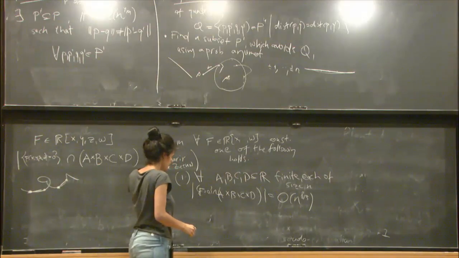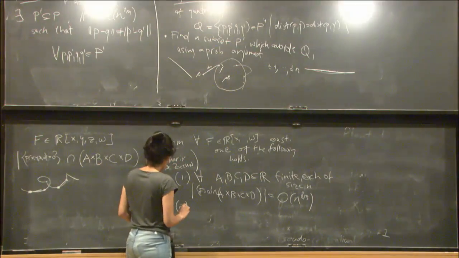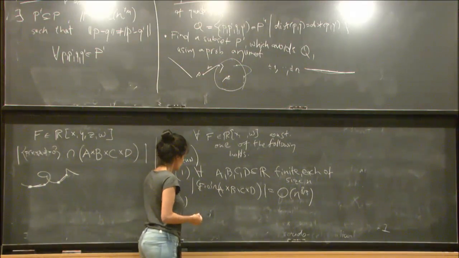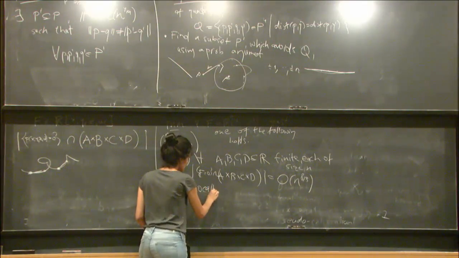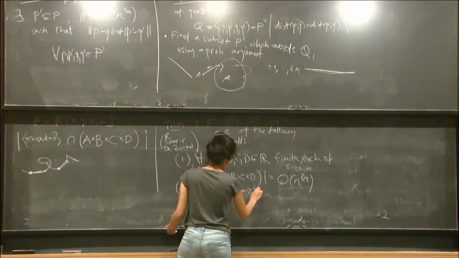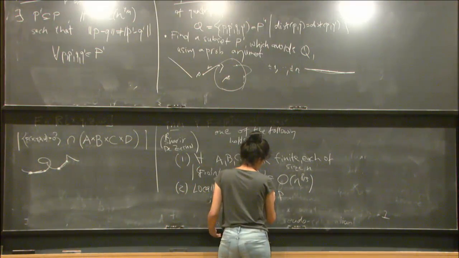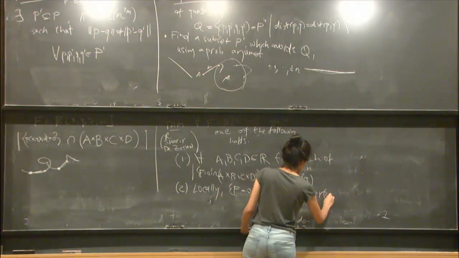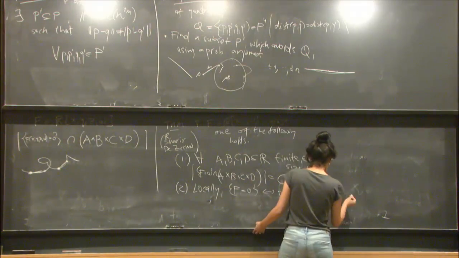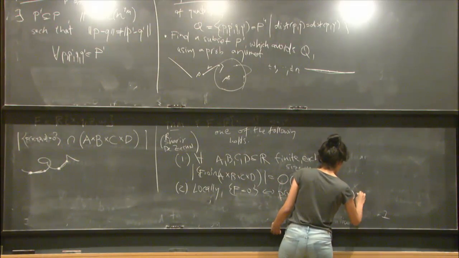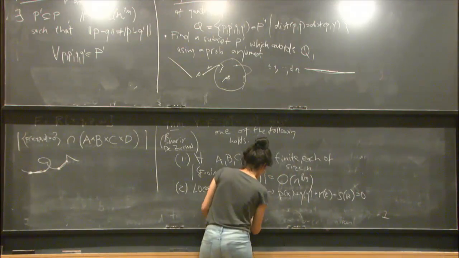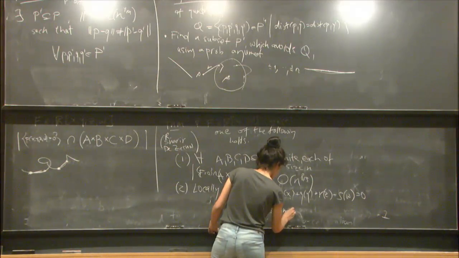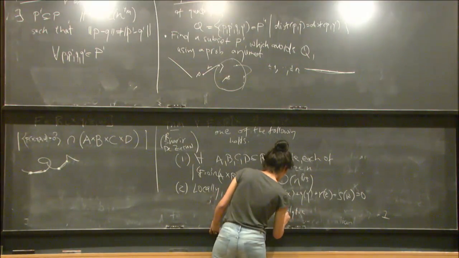So this is one possibility, and the second possibility is that the zero set of f has a certain special form. Let me not write it precisely, but locally the zero set of f is of the form p of x plus q of y plus r of z plus s of w is 0, where p, q, r, s are analytic and invertible.